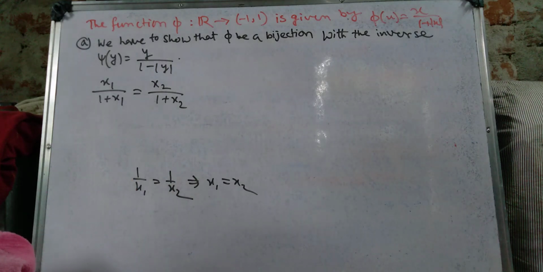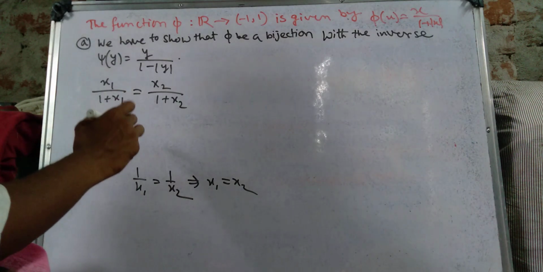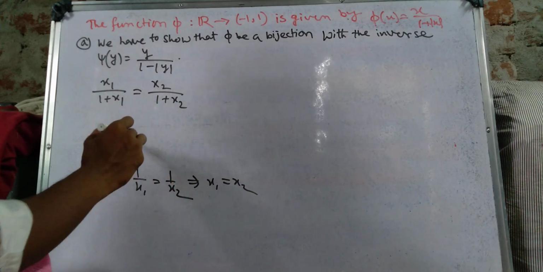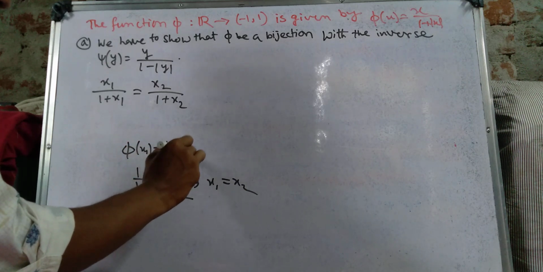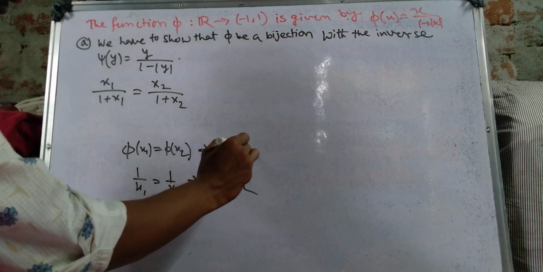Okay, not equal to. In the previous problem we made some mistake, because phi(x1) equal to phi(x2) implies that x1 equal to x2.